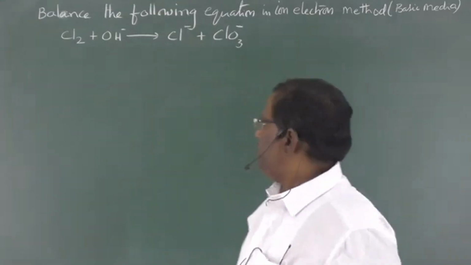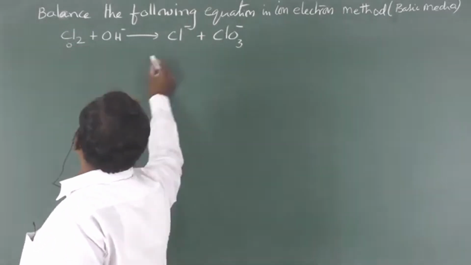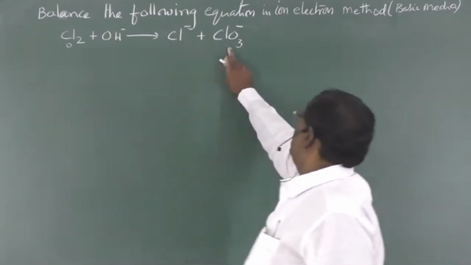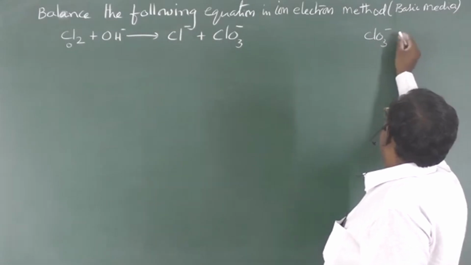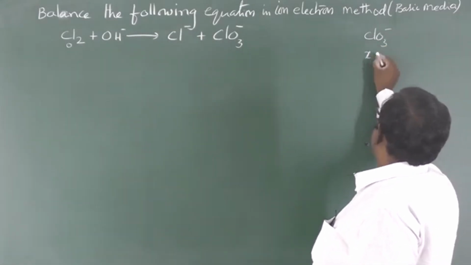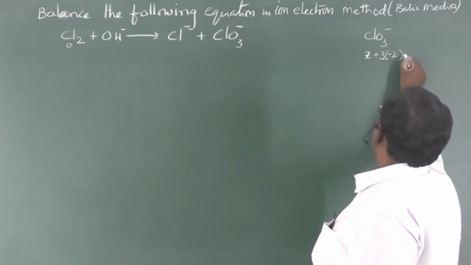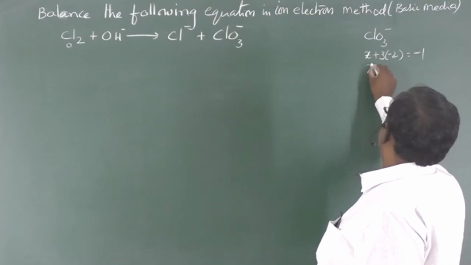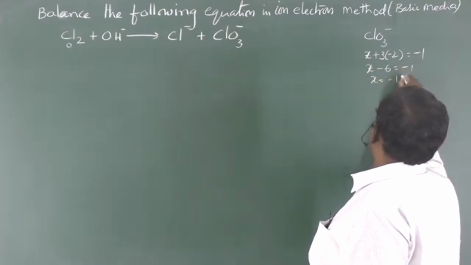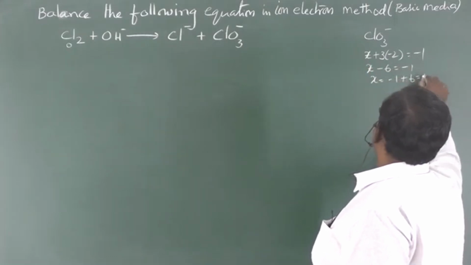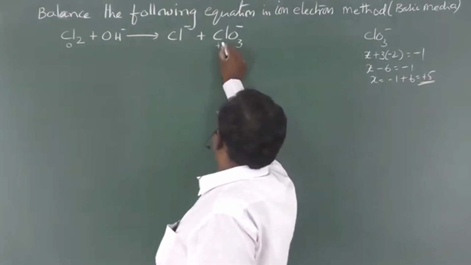So let us verify. In the Cl2 molecule the oxidation state of chlorine is 0. Whereas here it is -1, and here you have to calculate ClO3 minus. The chlorine oxidation state is variable, so we call it x, plus 3 oxygens are here and each oxygen is -2, equal to -1. x minus 6 is equal to -1. x is equal to -1 plus 6, so it will be plus 5. So the chlorine oxidation state here is plus 5.